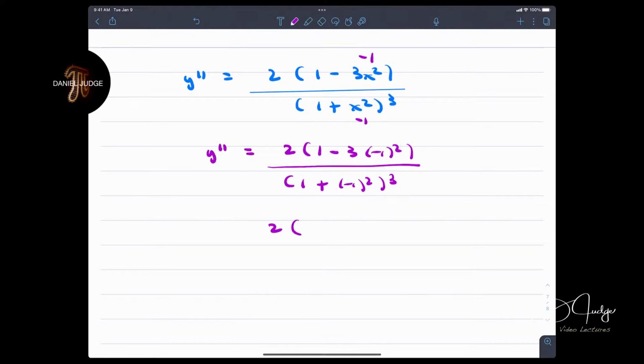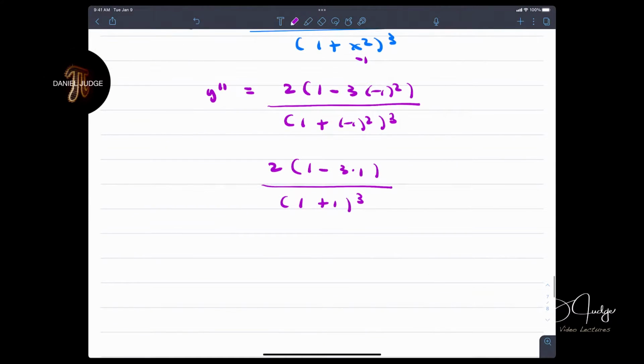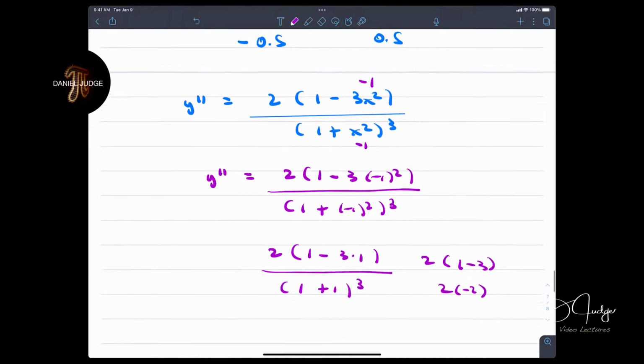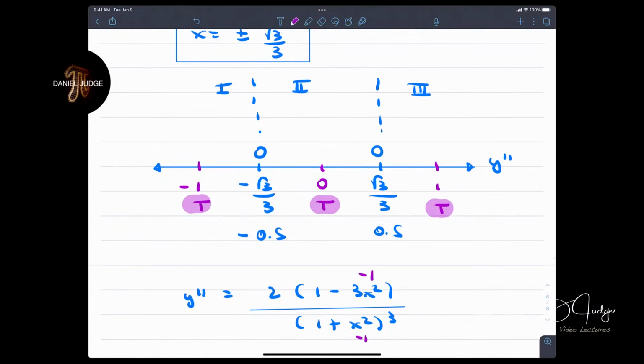The denominator is always positive, ladies and gentlemen, so I don't even have to check that. It's 1 plus 1 cubed. Just check the numerator. So this would be 2 times 1 minus 3, or really 2 times -2, so that's negative. So region 1 is negative.